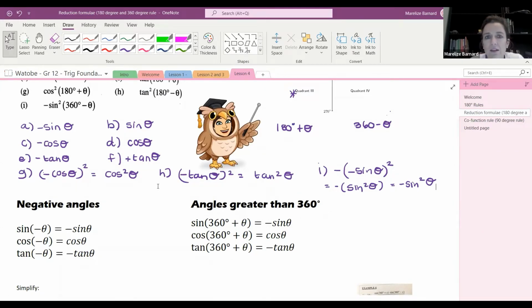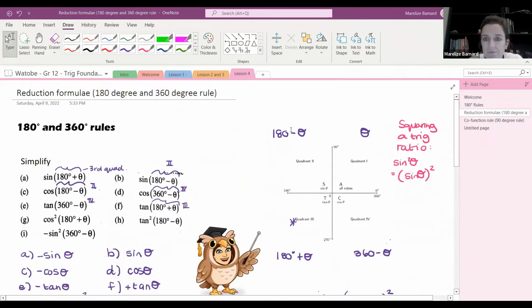Okay, and I'm going to use our Cartesian plane over here. And I'm just going to erase this little star here. But if I'm rotating in the negative direction, I'm not going this way around in the anti-clockwise direction, which is what we normally do when we are doing trig.